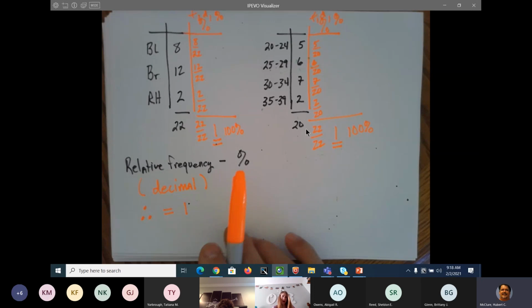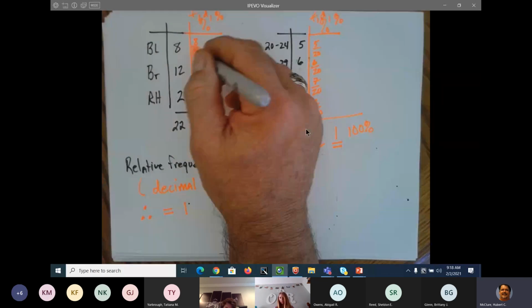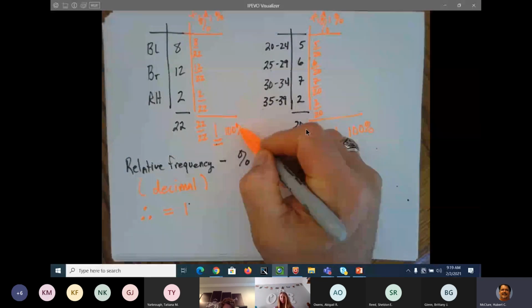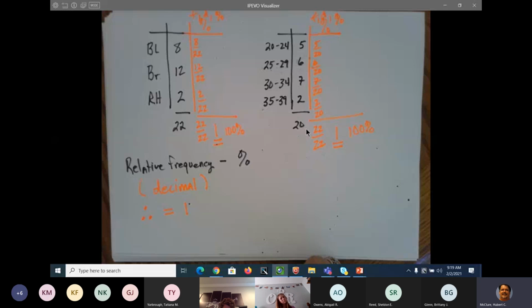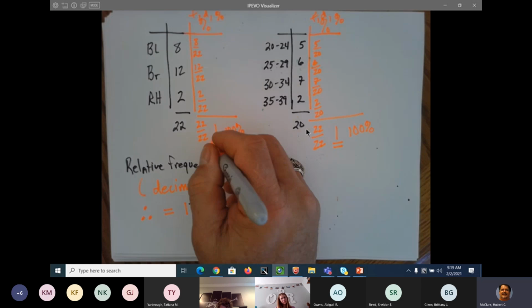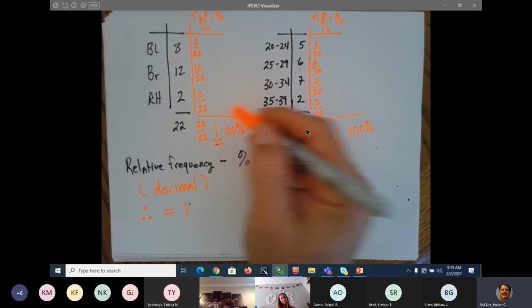There may be one question out of 100 that says to leave it in fraction form or put it in percentage form. 90 to 95% of the time, it's going to be decimal form, which means it's going to equal 1.